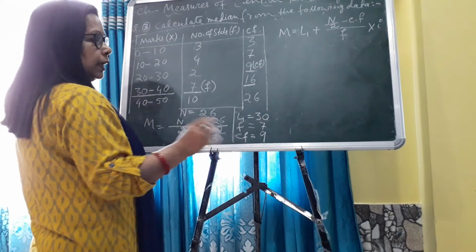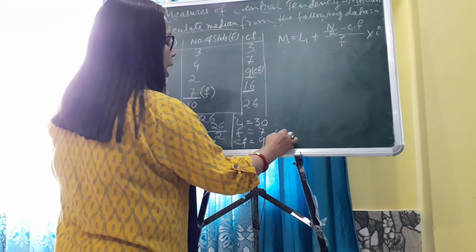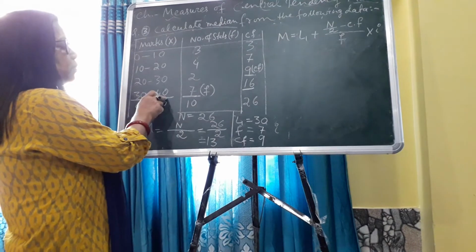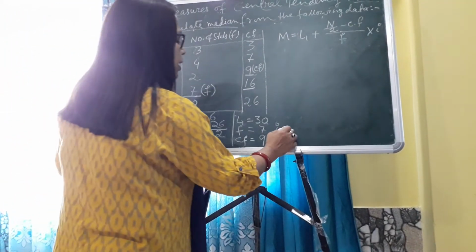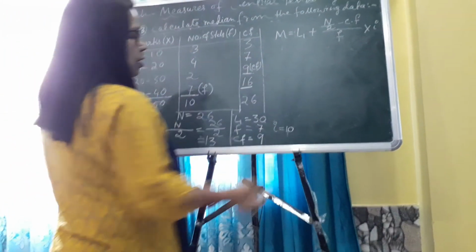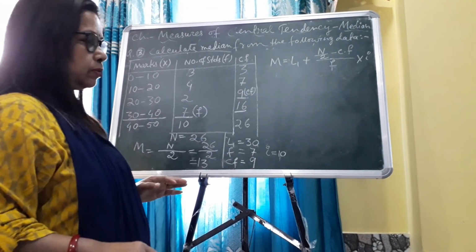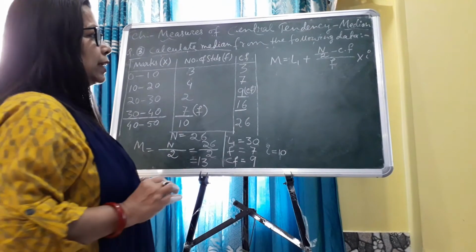And next is I. I means width or gap. So 30 to 40 gap is 10. I equals 10. So in this way you write the values. It will be easier for calculation.